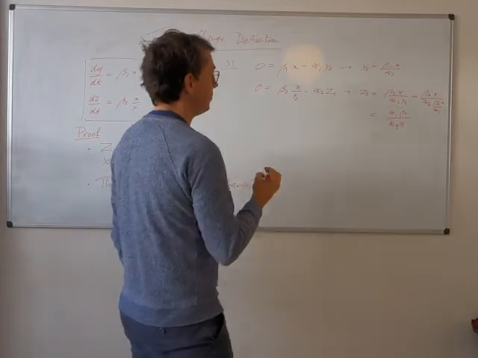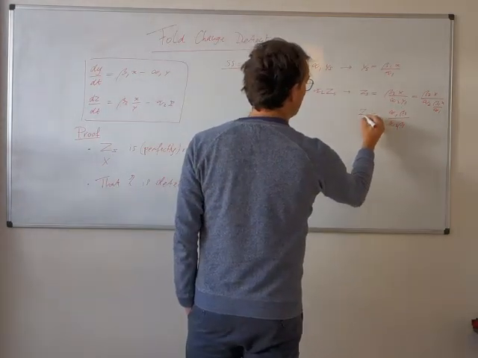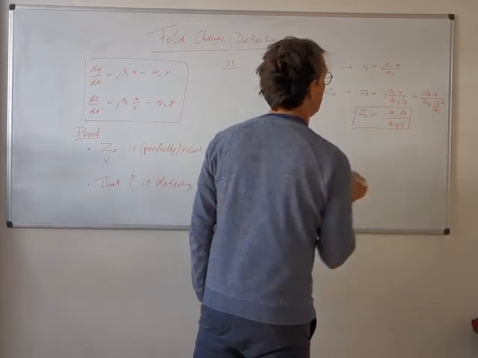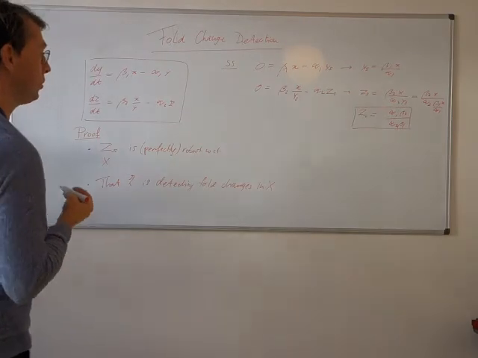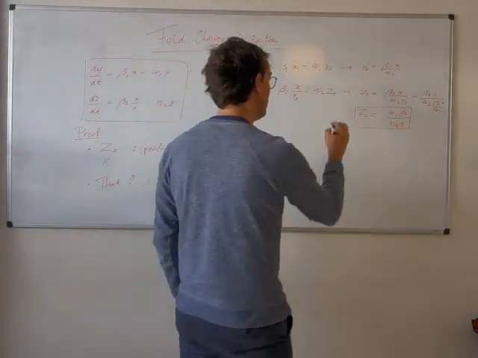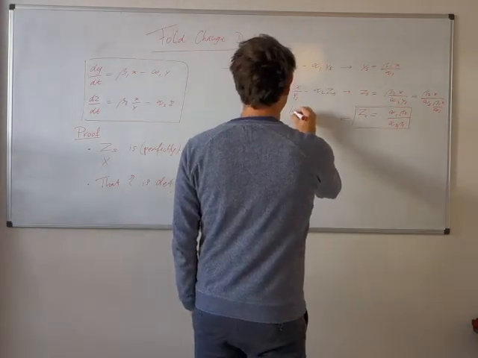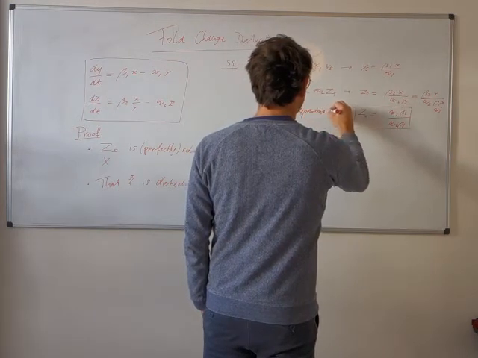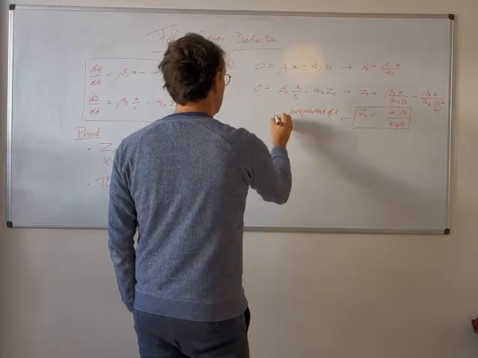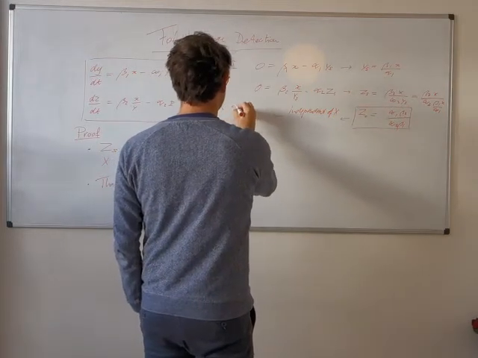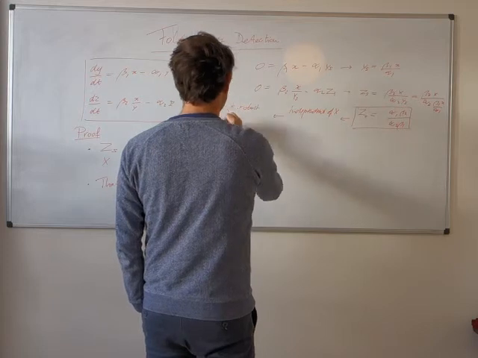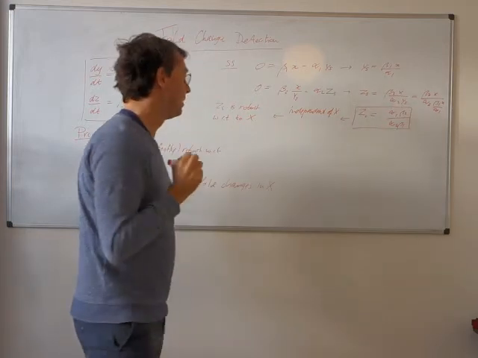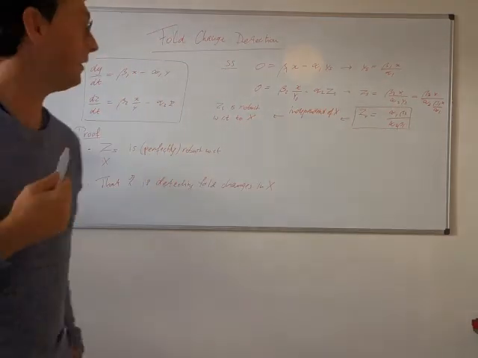So the steady state concentration of Z, when we express it in terms of parameters only, we see that it doesn't depend on X. So it is independent of X. So Z steady state is robust with respect to X. Okay, and that's the thing we wanted to show, and indeed that's the case.